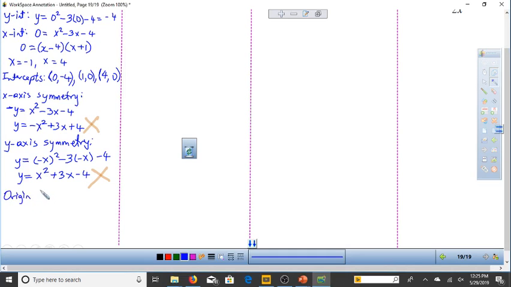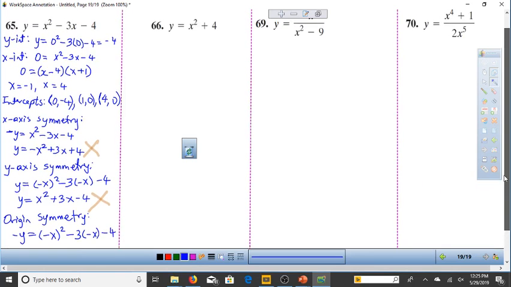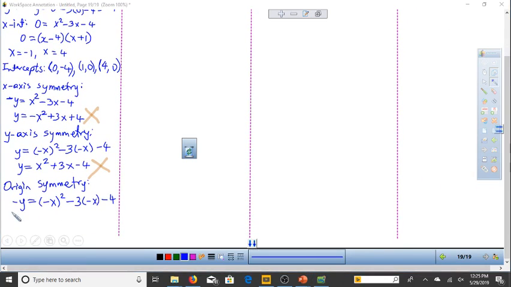In this case, we're going to replace both the x's and the y's with their negatives. So we have negative y equal to negative x squared minus 3 times negative x minus 4. Now let's see what that gives us. We still have the negative y, and we have x squared plus 3x minus 4.